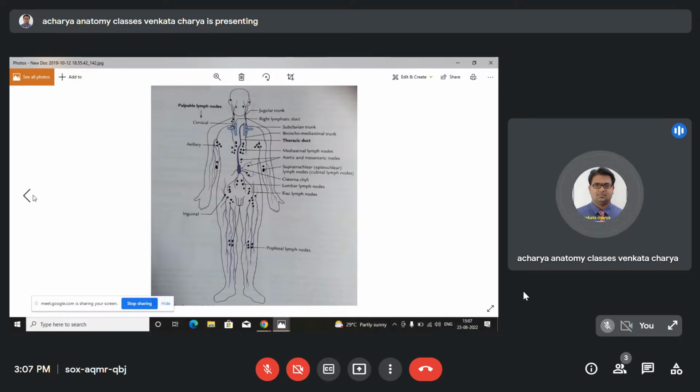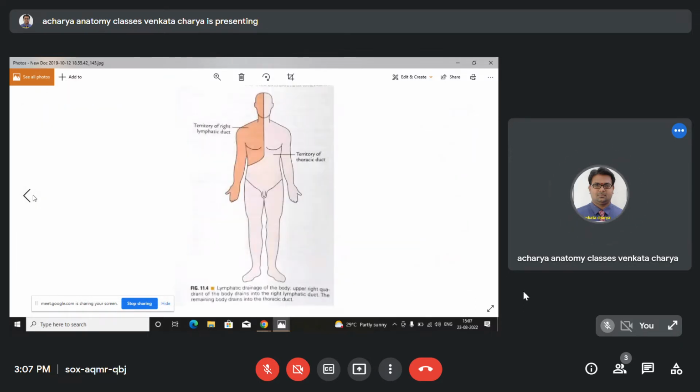Then on the right side there is another duct. The right side duct we call the right lymphatic duct. See here, the right lymphatic duct. Are you getting?